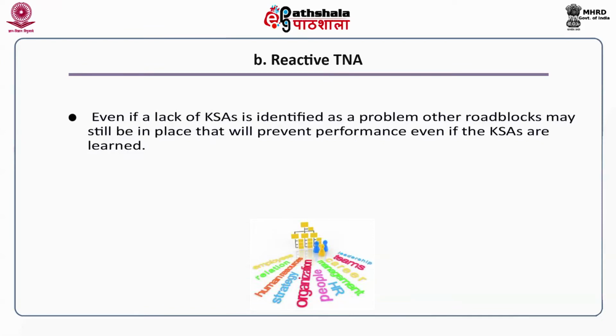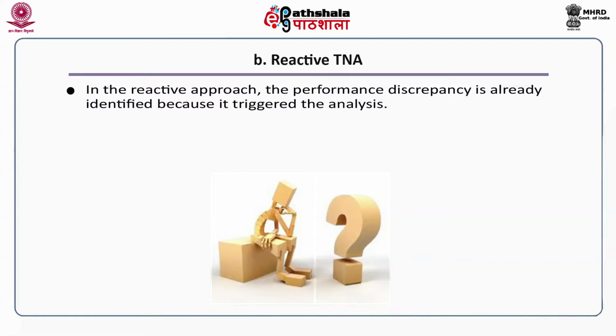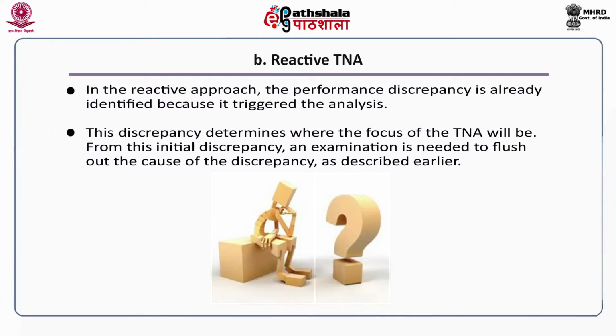Even if a lack of KSA is identified as a problem, other roadblocks may still be in place that will prevent performance even if the KSA is learned. In the reactive approach, the performance discrepancy is already identified because it triggered the analysis. This discrepancy determines where the focus of the TNA will be.